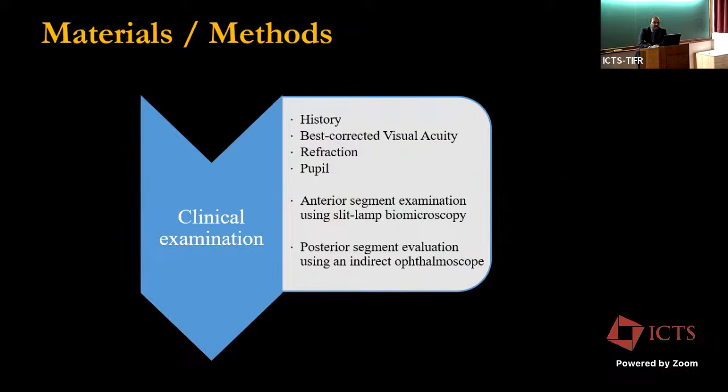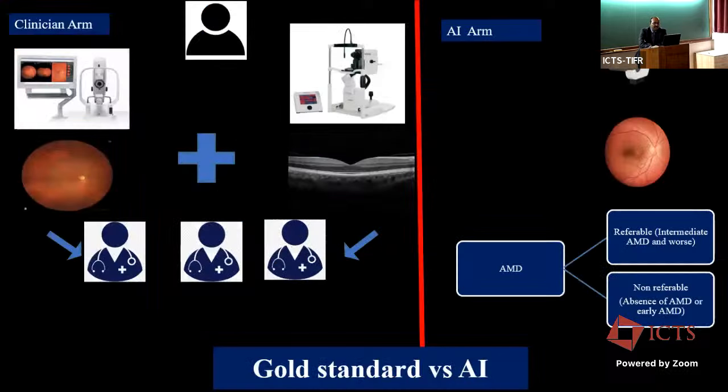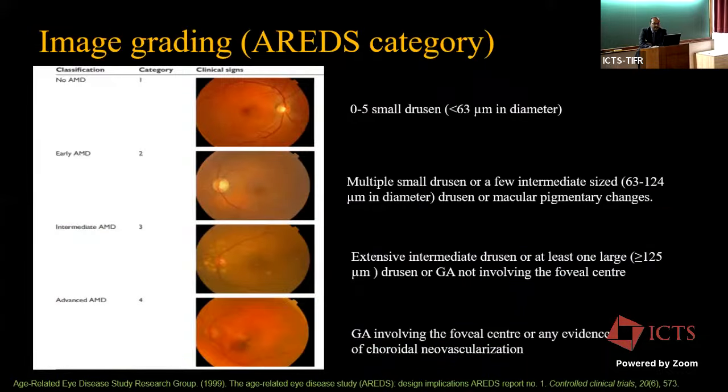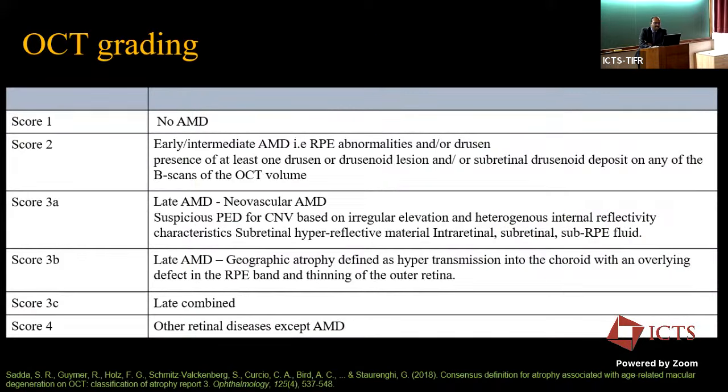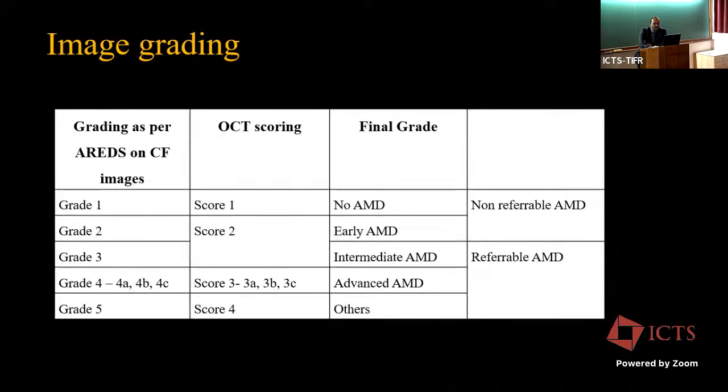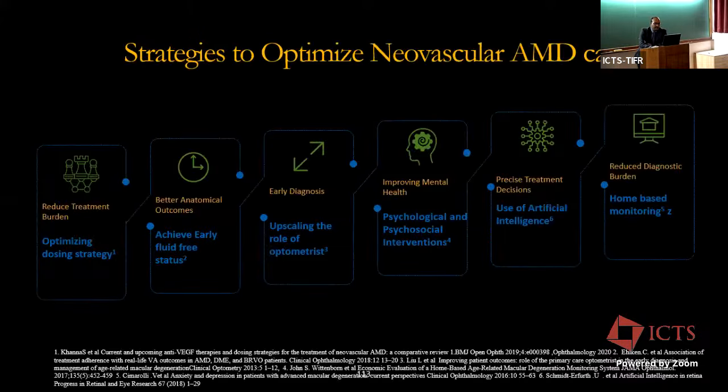We get clinical data, do the anterior segment and the posterior segment evaluation. The clinician looks at the fundus photos and the OCT. The AI arm tries to look at these images and decide whether they are referable or non-referable. We use the AREDS classification as well as the standard OCT grading, and we come up with these final grades. So that's work in progress.